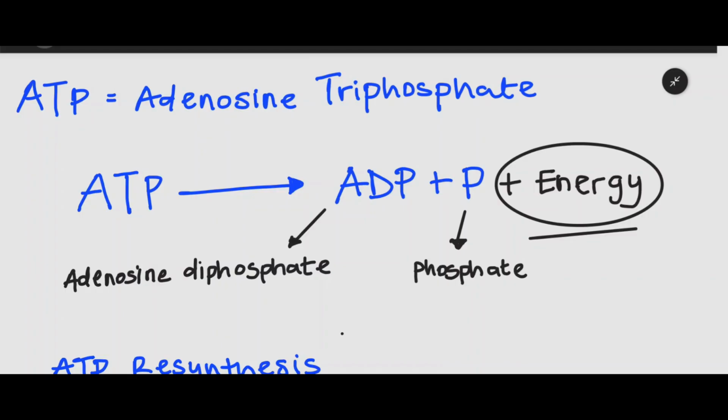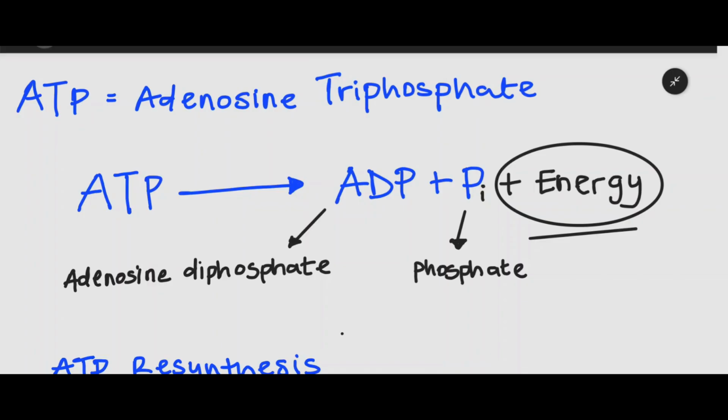ADP stands for adenosine diphosphate, and the P is a phosphate, sometimes written as Pi because it's an inorganic phosphate. And when this happens, this ATP has been used up, so we need more ATP to continue releasing energy.